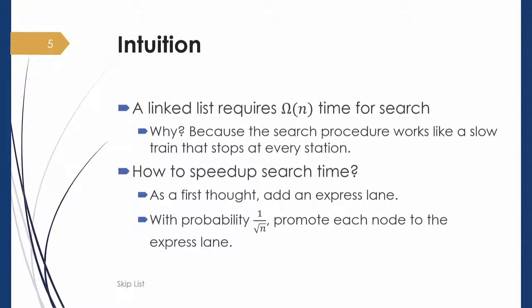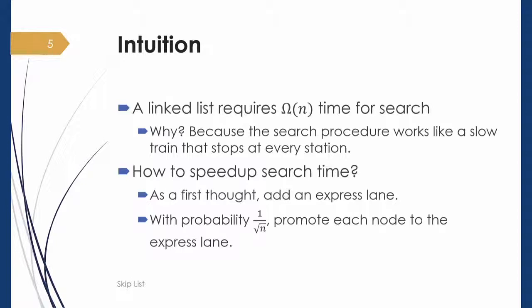So, let us begin with some intuition for skip list, and let us start with a linked list. Unfortunately, a linked list will require omega of n time for searching. Why? Because as you well recall, if you want to search for an item, you will have to start at the head and linearly search through all the elements.